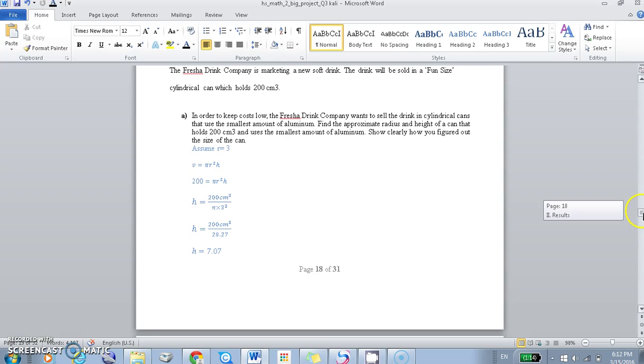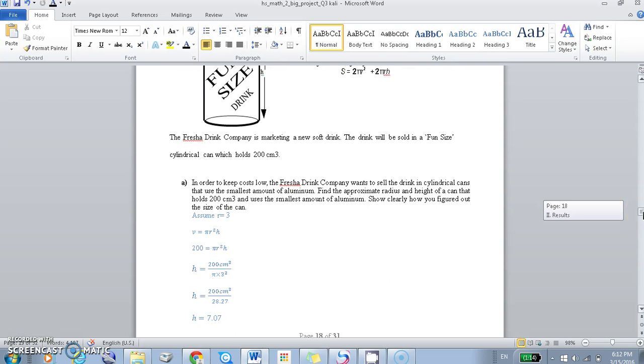The formula for calculating the cylinder is V equals pi r squared h. So I put the radius 3 in r's place, and then I put the height, which I do not know yet, but I assumed it. Then I moved 200 to the other side, and I multiplied pi by my assumption, which is 3, and then I got the answer, and I divided 200 by 28.27, and the height of the drink will be 7.07.